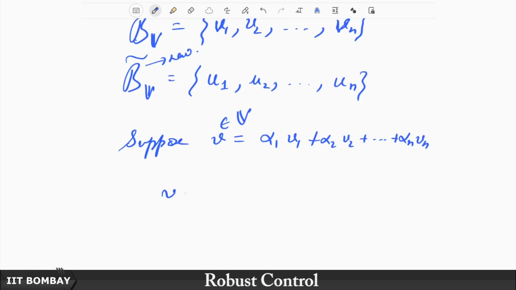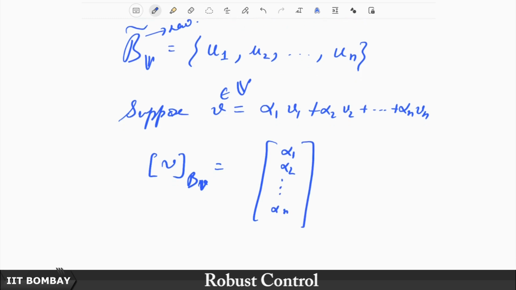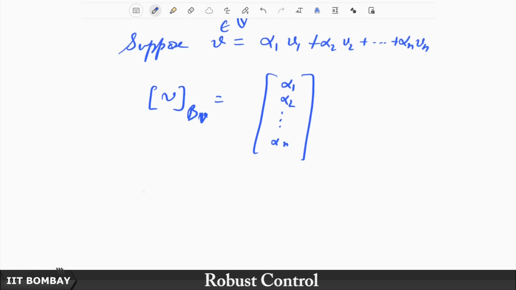So, then you can say that the representation of this vector v in terms of the first basis is basically an n tuple alpha 1, alpha 2 dot dot dot till alpha n. Yeah. And now the question is, I wonder what the representation of this vector v in terms of the new basis, that is B tilde, is going to be like.